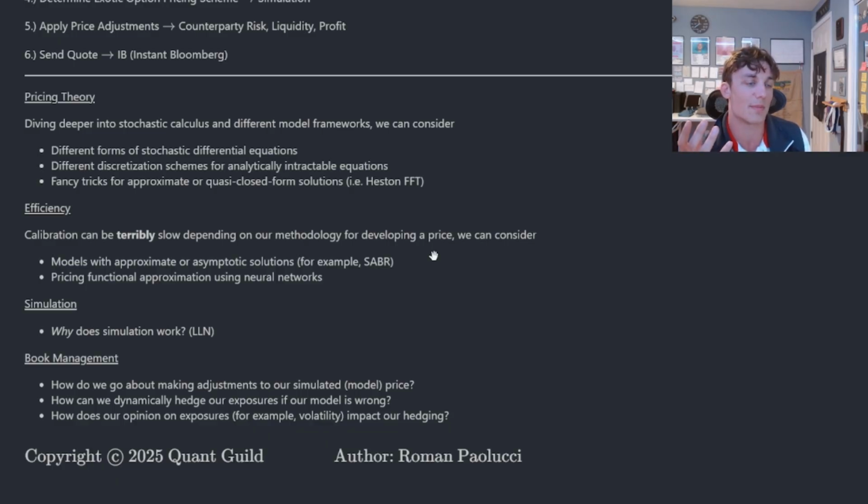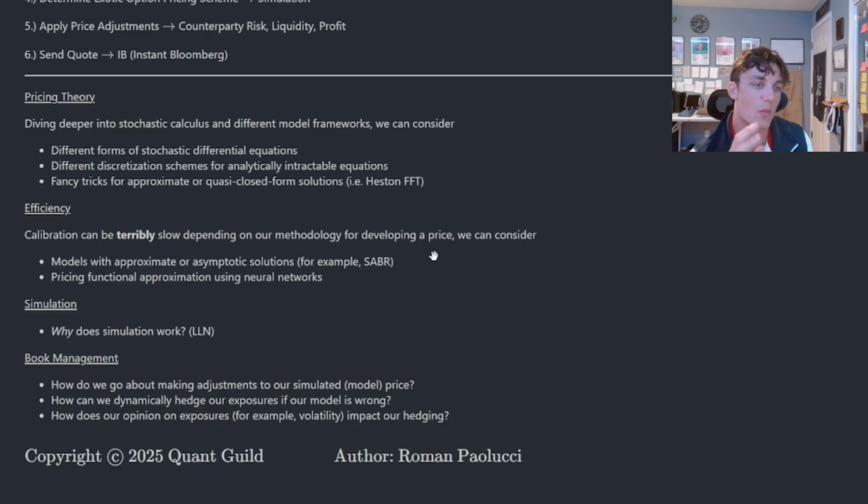You are going to have a terrible bottleneck because it's iterative, right? So you need to simulate those paths and then try to fit the parameters, simulate those paths. It's a terrible bottleneck. So there are alternative models to a Heston model in a stochastic volatility world, not necessarily extending to the rough volatility space, but something like a SABR that has asymptotic solutions. I'd like to do a video discussing those.